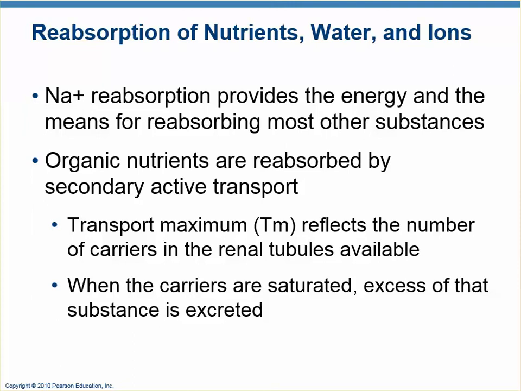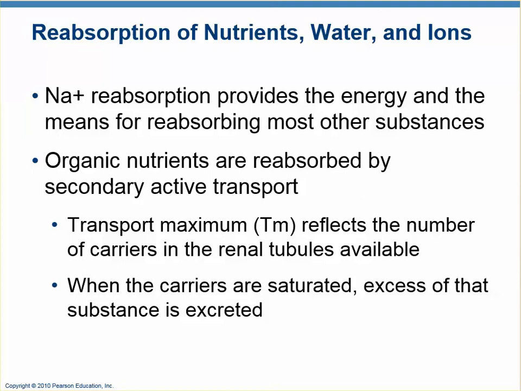Now, most of the things that actually have to come across need a carrier mechanism, some sort of either a facilitated channel or a carrier protein that will get things across. And what this means is that there are things called transport maximums. No matter how much glucose is in the filtrate, there's only a maximum amount that can be transported across and reabsorbed into the blood.